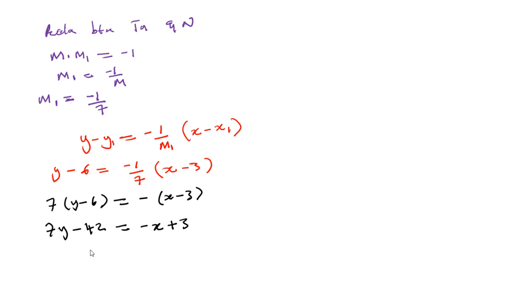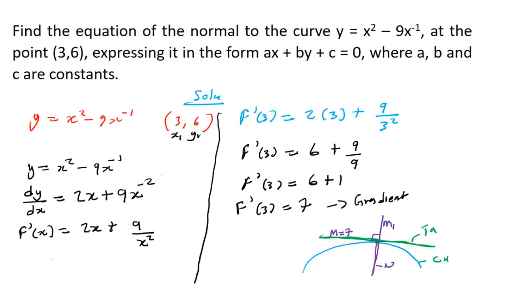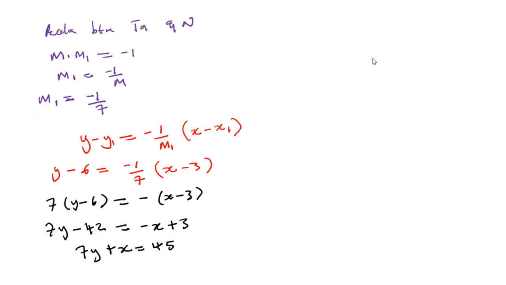So this will go to the other side, and that will go to the other side. So this will be 7y plus x is simply equal to 45.